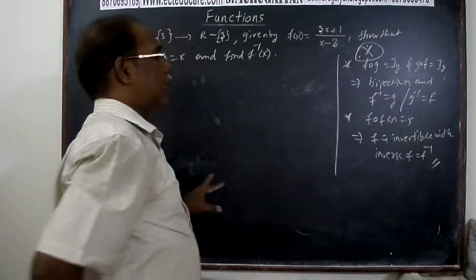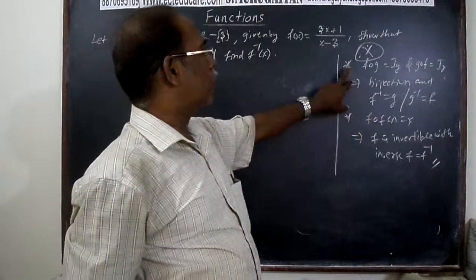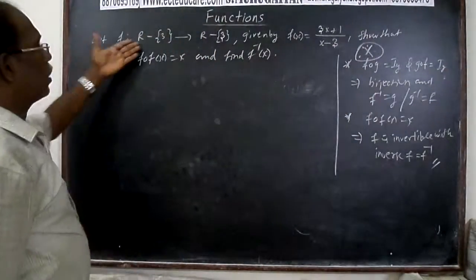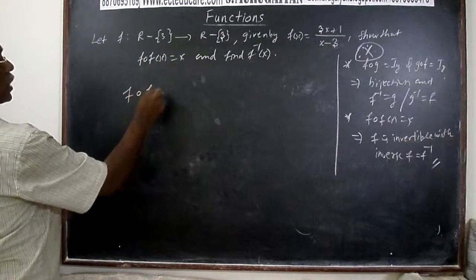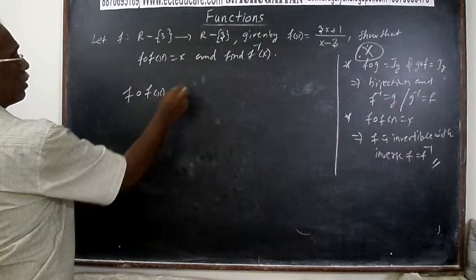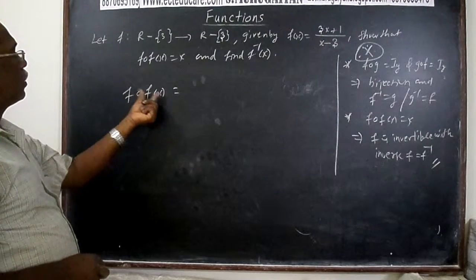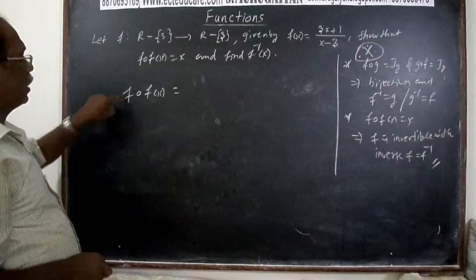So in this case, we are not going to discuss one-to-one and onto separately. According to the question, let us start to find the value of f∘f(x). What is the meaning? F(x) is in the domain of f.